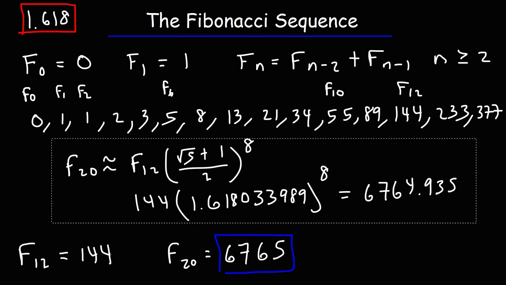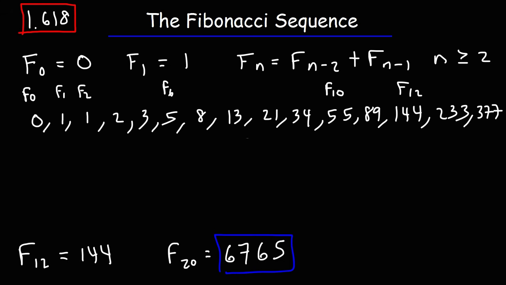Now let's check it to make sure that this is correct. If we add these two terms, 233 plus 377, we're going to get that number that we had before, which is 610. And then if we add 377 plus 610, that's 987. And then 610 plus 987, that's 1597.